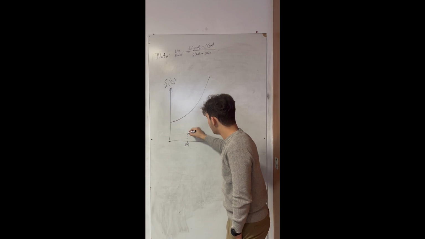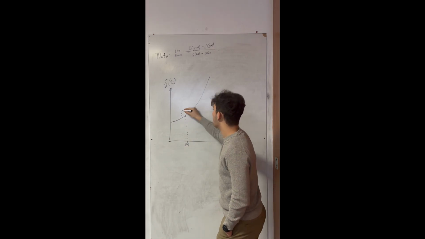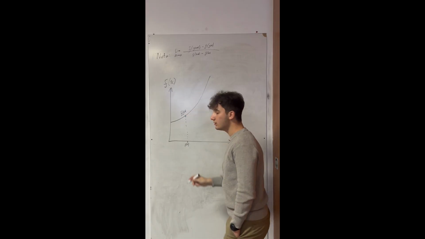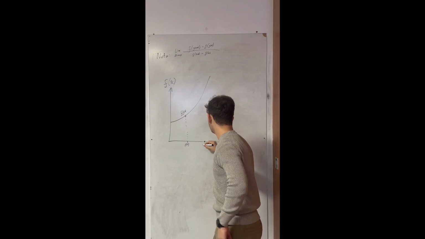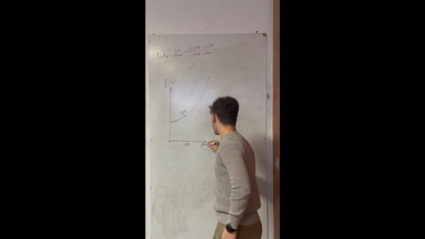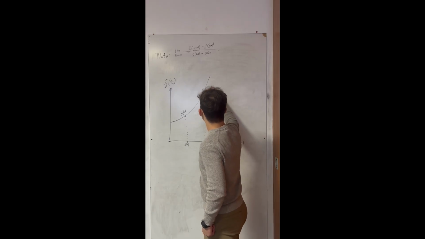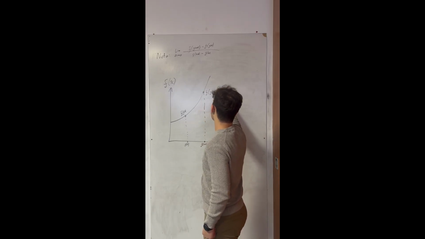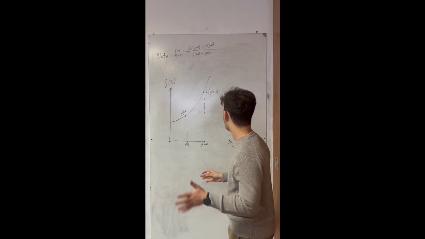We can go up to the function, and our height will be f of that point, f of g of x. Cool. And then what if we go, I don't know, h steps along to get g of x plus h. Bring that up, and you get f of g of x plus h. Bit weird, but stay with me for now.